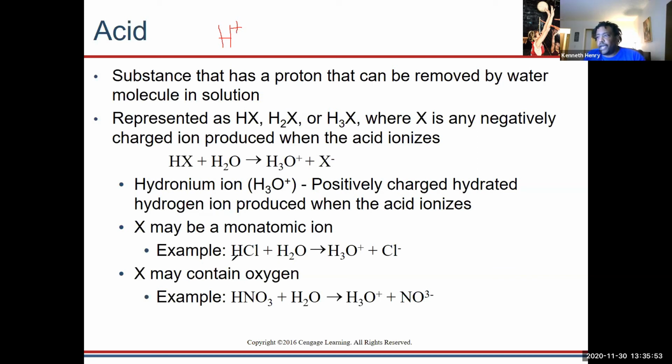Here we have hydrochloric acid. We put it in water, and we get the hydronium ion and Cl minus. Now, often we just write this as H plus, aq, and Cl minus, aq, because it's a lot prettier to look at.